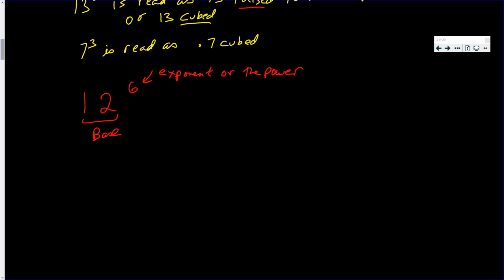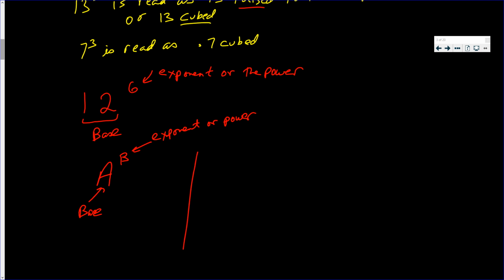So, whenever you have a to the b, where a and b are numbers, the a is called the base, and b is the exponent or power.